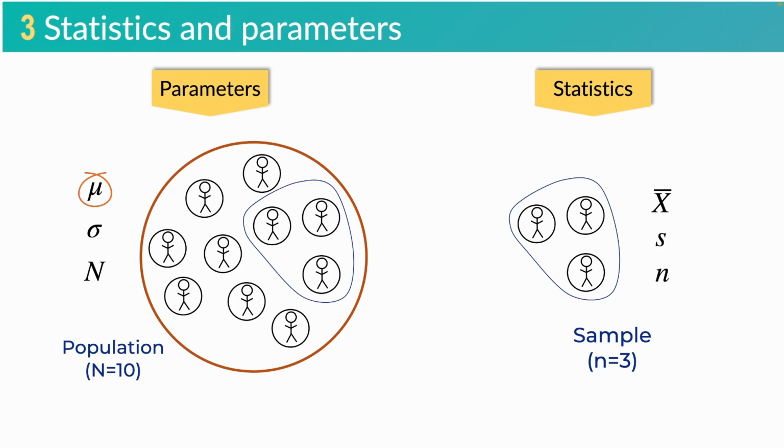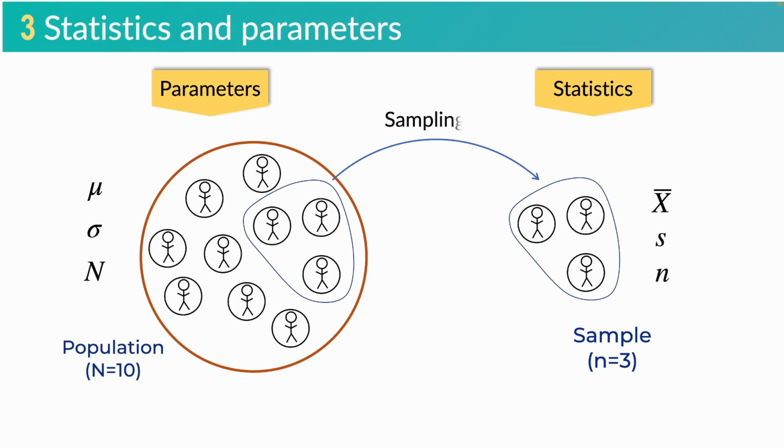Mu is a symbol for the mean of a population, while x bar is a symbol for the mean of a sample. Sigma is a symbol for standard deviation of a population, while s is a symbol for standard deviation of a sample. Capital N is a symbol for the size of a population, while small n is a symbol for a sample size.